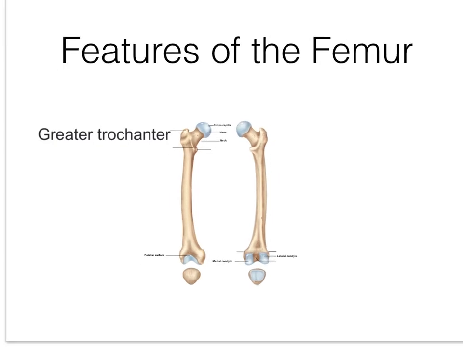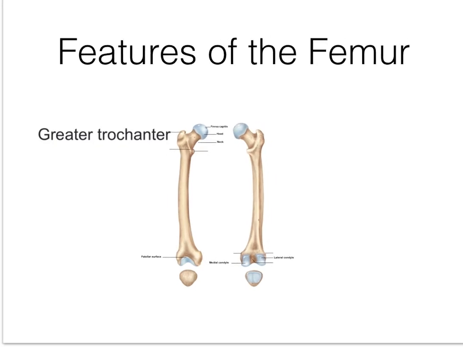Of note down here on the bottom, this articular surface here, it does not articulate with the tibia. What it articulates with is the patella. What articulates with the tibia is the medial and lateral condyles of the femur. This here, this is a groove in between those condyles.